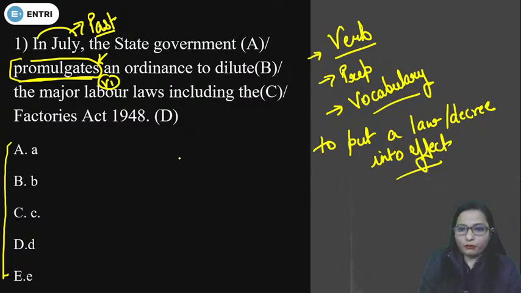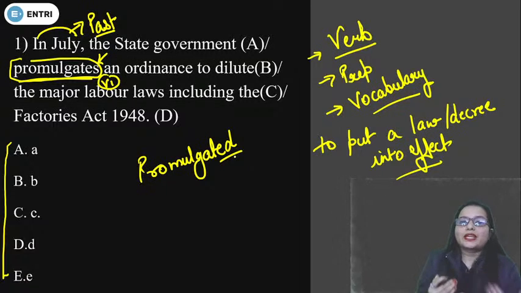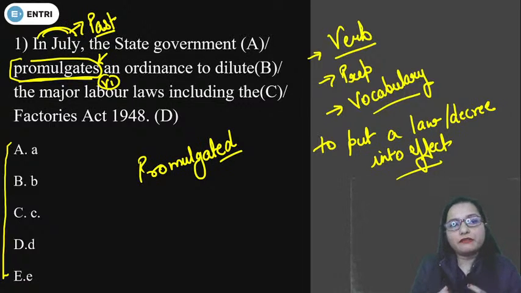Whenever we have a verb, like promulgates here, and we add s to it, it becomes the present form. Now we need the past form, so we have to add d here, not s. So where can you find the error in this question? The problem is in the B part. It should be in past form, because in July shows us an action or an event of the past.